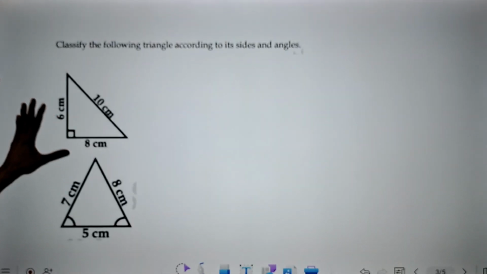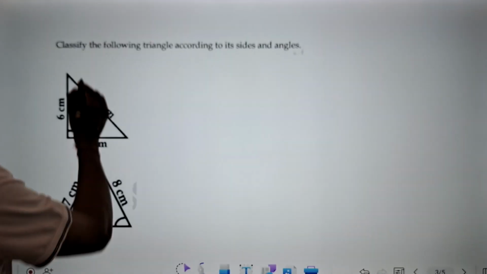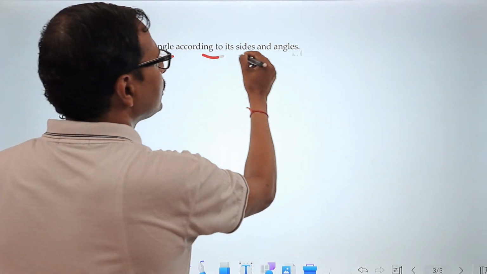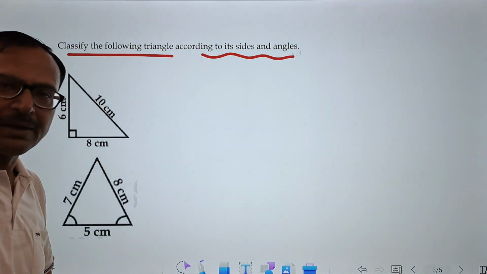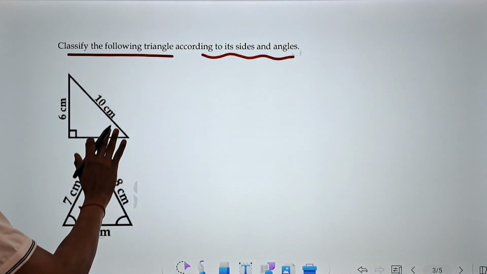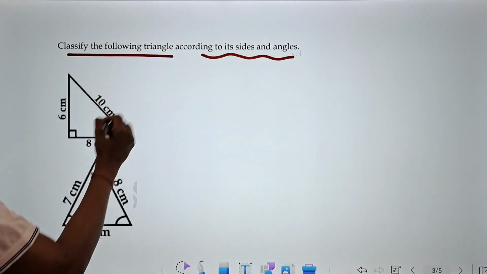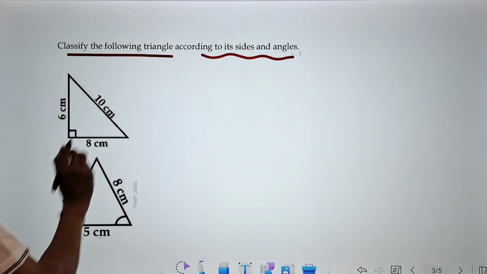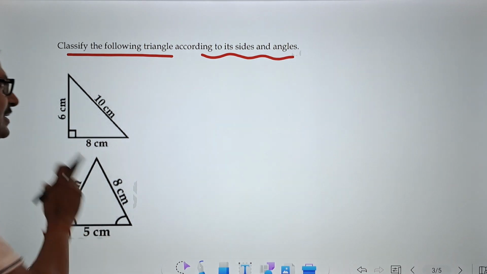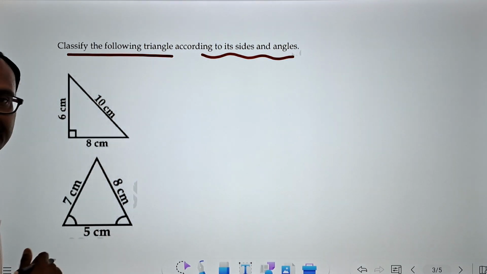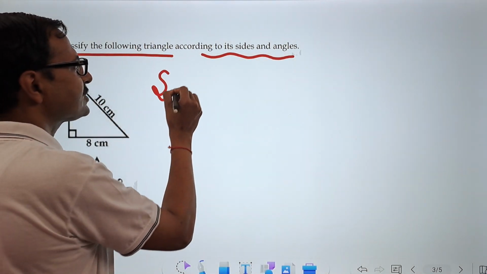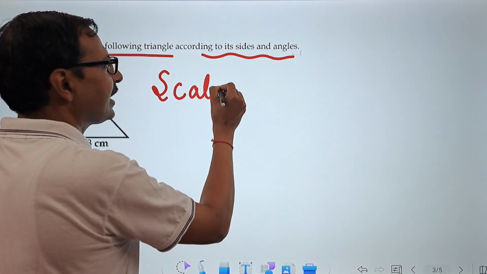Here we have a triangle drawn and we have to classify this triangle according to its side or angles. So here you can see that we have all the three sides given. Now when all the three sides are of different length, like 6 centimeter, 8 centimeter, 10 centimeter, then the triangle is called a scalene triangle.